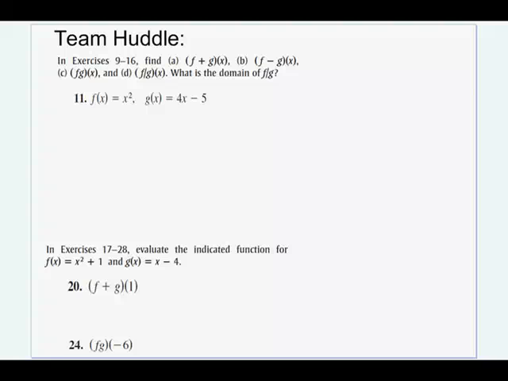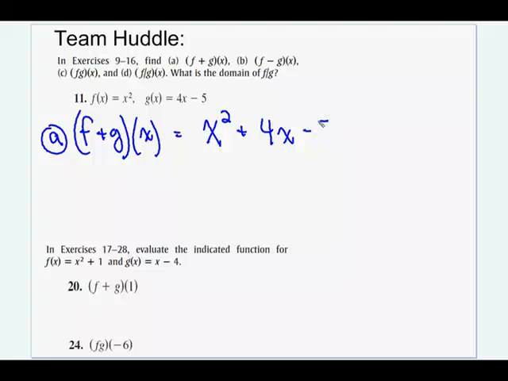So let's see here for 11 part A, we want to find the sum, f plus g of x. So we're just going to take the f of x function and add to it the g of x function, x squared minus 4x minus 5. And that's it.